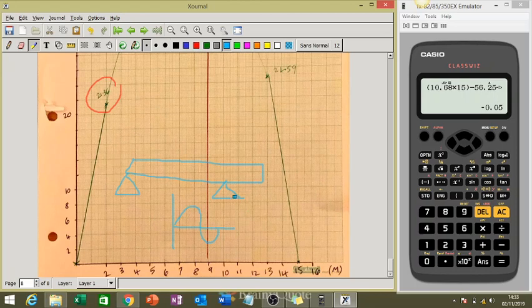So it's the same process, don't be scared, but with an overhang you'll get a graph going over like that, and this is the point of contraflexure. That point there is where it goes from positive to negative, and that's called the point of contraflexure. So you'll need to identify that in your merit question. But it's the same process as we've done. Just with the overhang, you'll get it going over like that, or something like that.